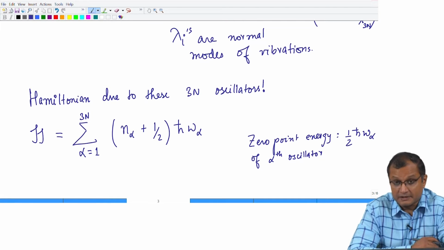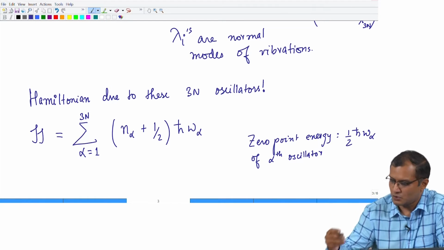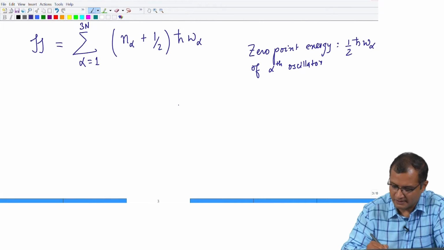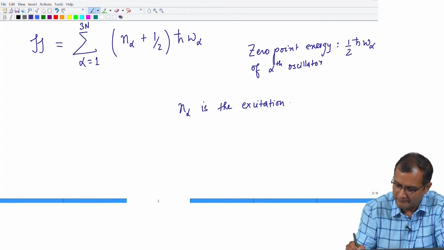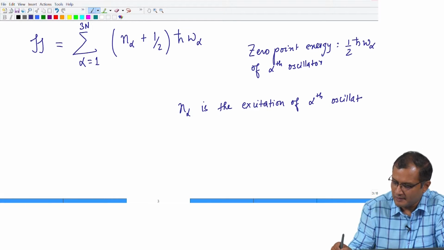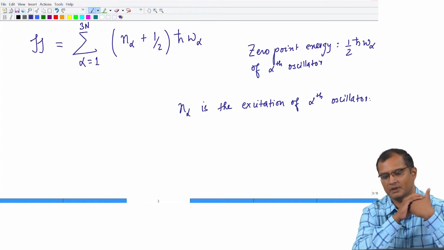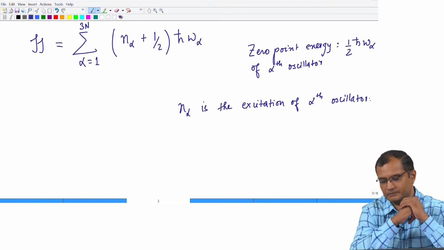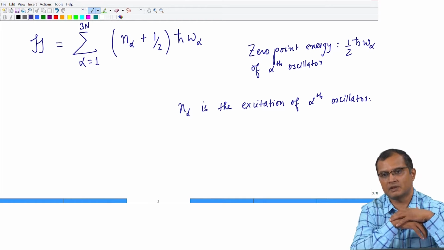Now, what is n alpha here? Each oscillator can be in a state of excitation. So, n alpha represents the state of excitation of the alpha oscillator. In some sense, n alpha tells us the occupation number of the alpha oscillator.